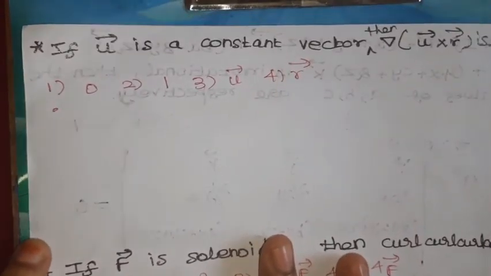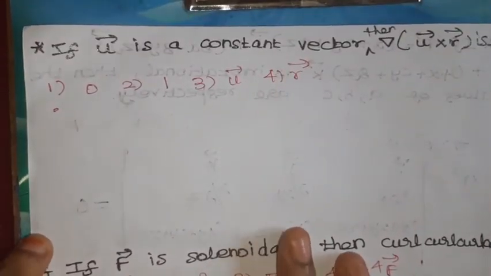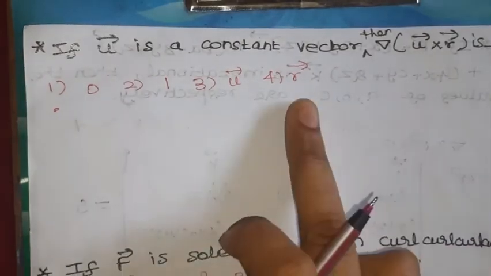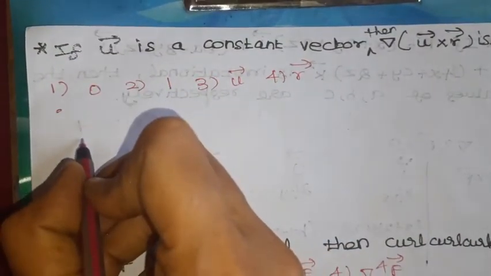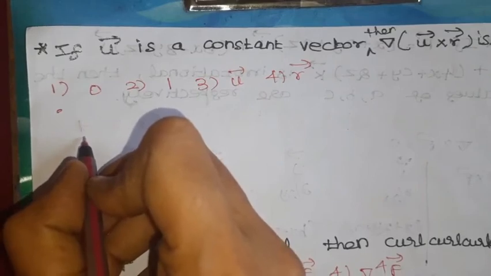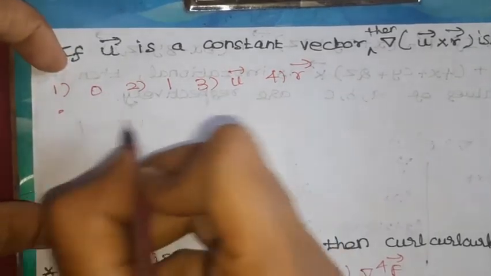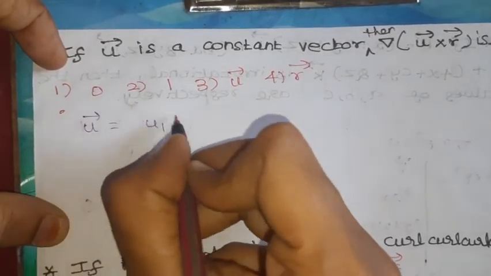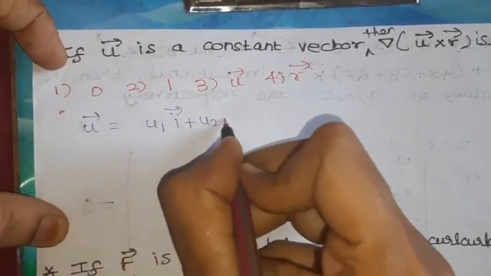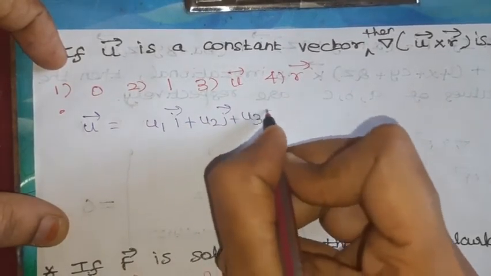If u is a constant vector, then find del of u cross r. So u is a constant vector. So u may be u1 i plus u2 j plus u3 k.